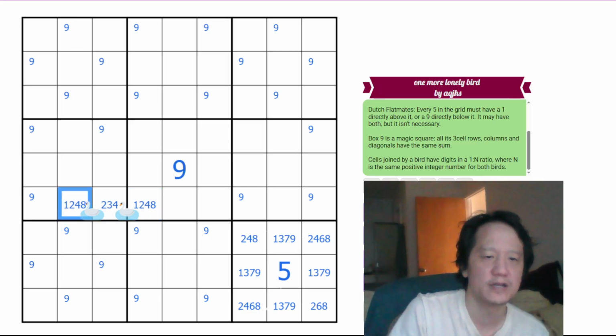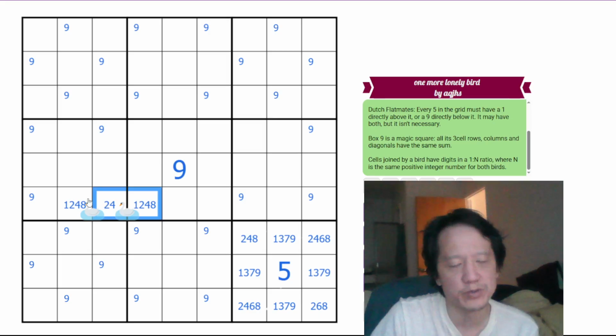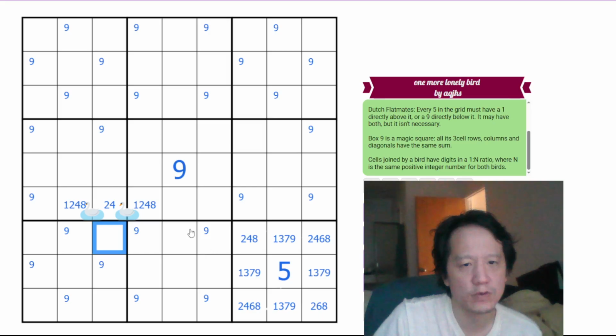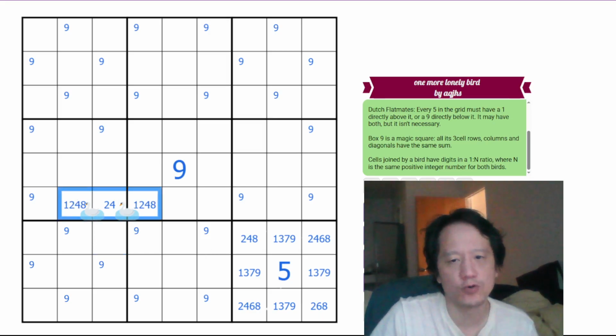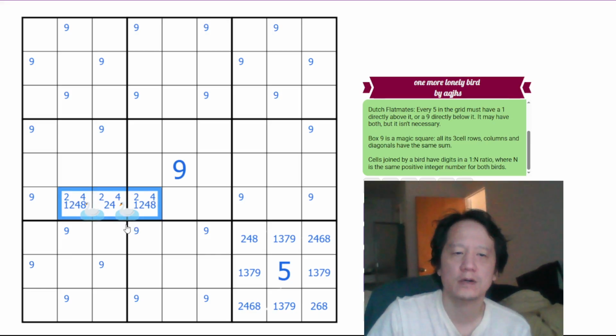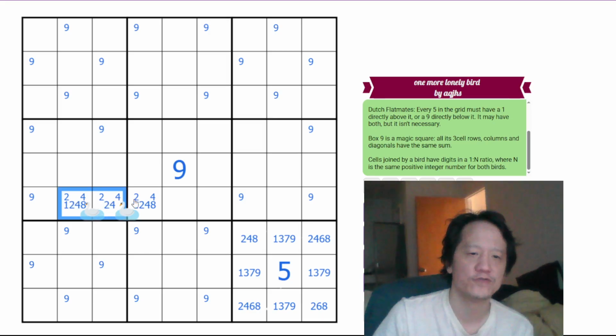But this cannot be a 9. So this can't be a 1 to 3 ratio. This must be a 1 to 2 ratio. Okay, so 2 and 4 in row 6 have to be in these cells, right? It's either 1, 2, 4 or it's 2, 4, 8 here.